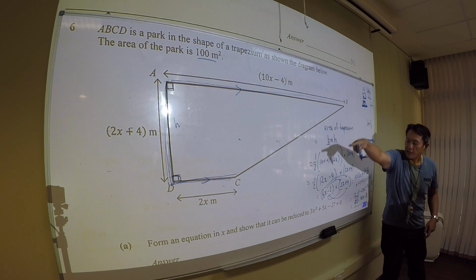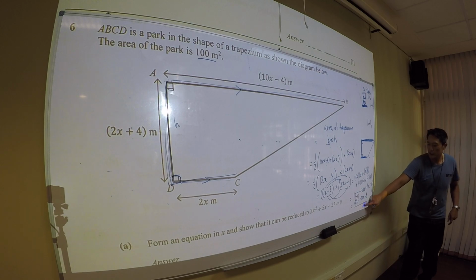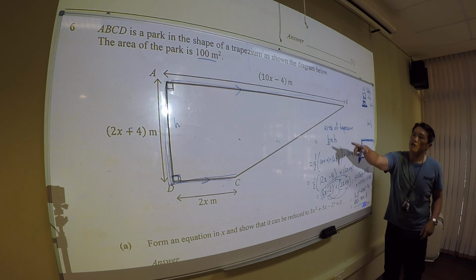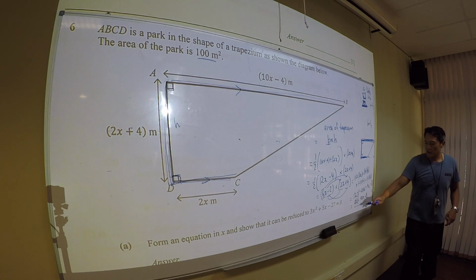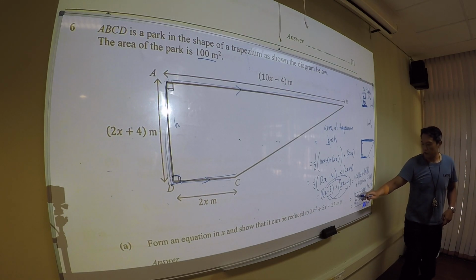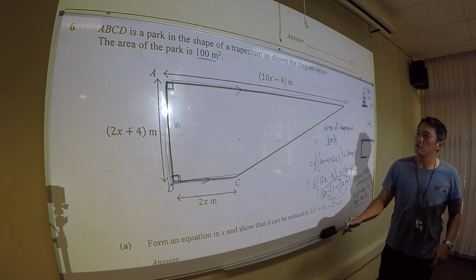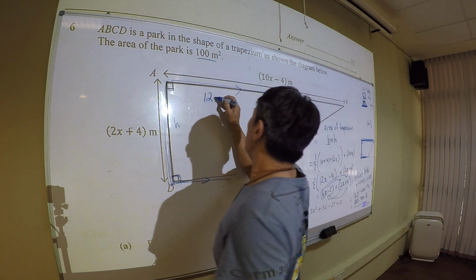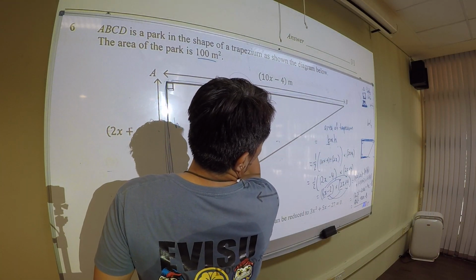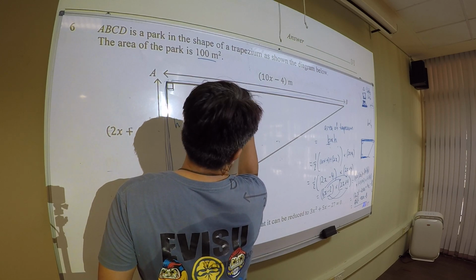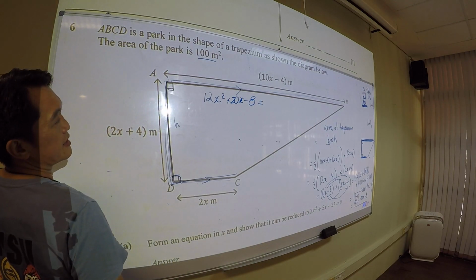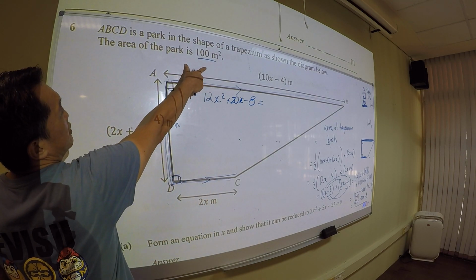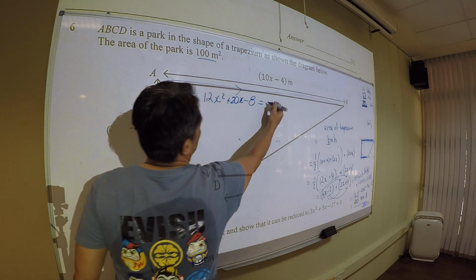So this area that I have found, they also tell me the area is 100. So meaning 12x squared plus 20x minus 8 is the same as the area, because they tell me this area is 100.